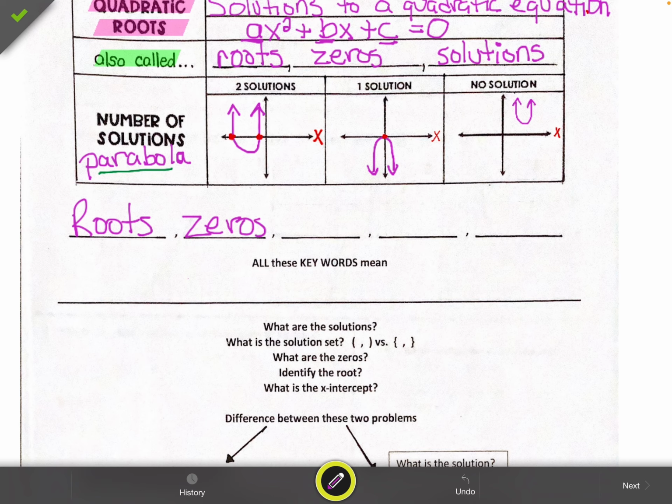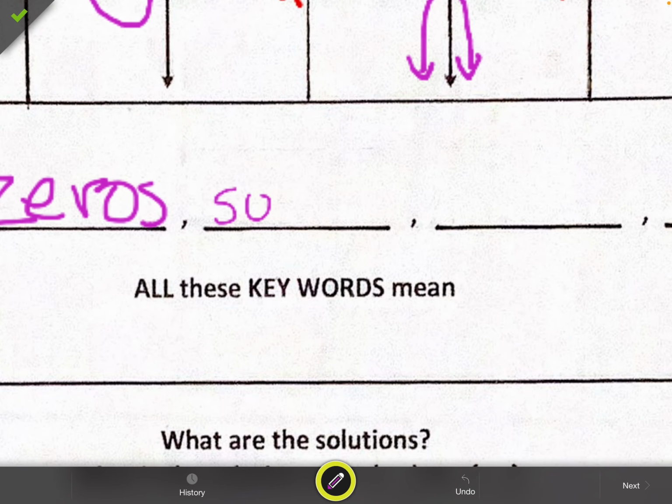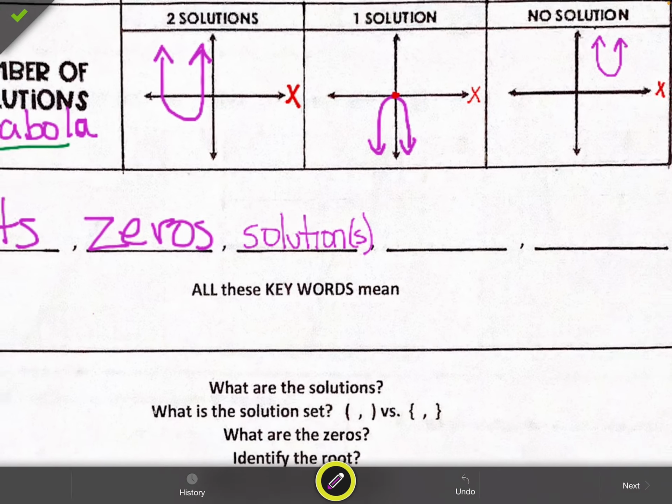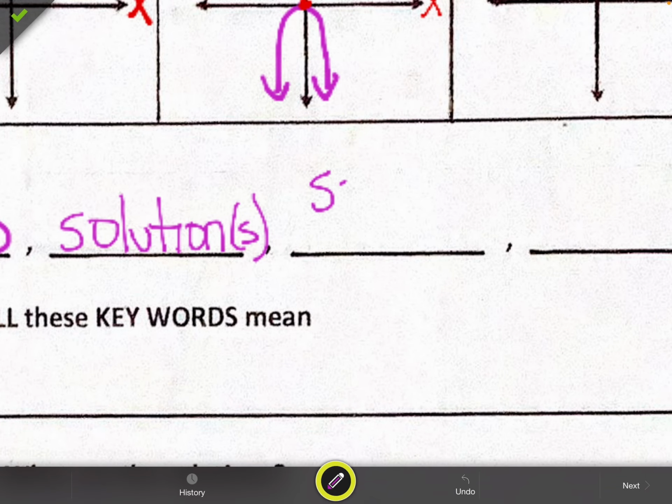They also can say, find the solution or solutions. It just depends if it has one or more. So in parentheses, we'll put S. They can also say, find the solution set. Still means the same thing.